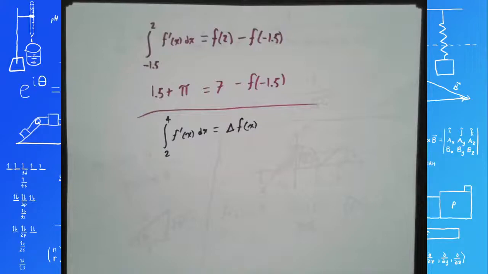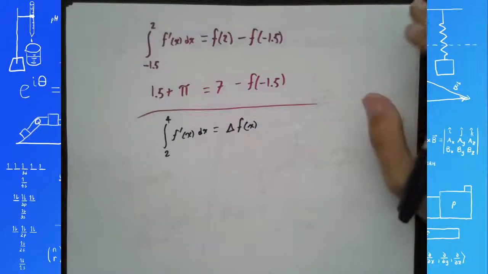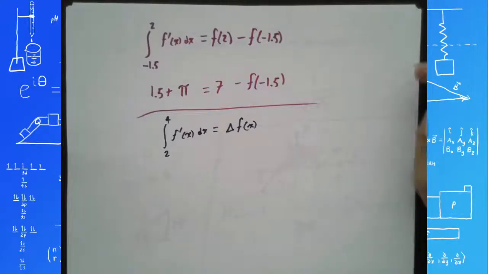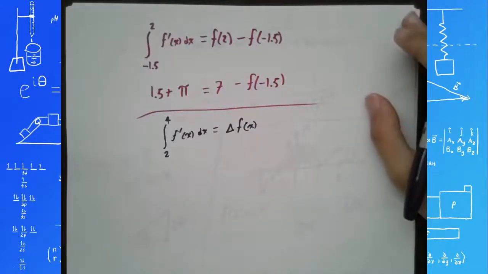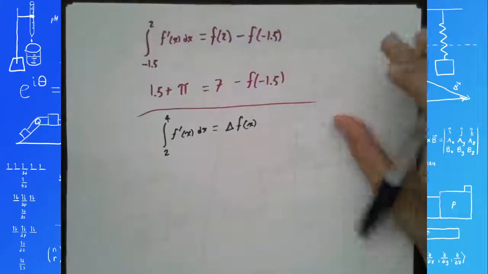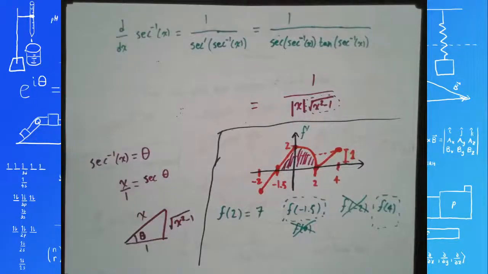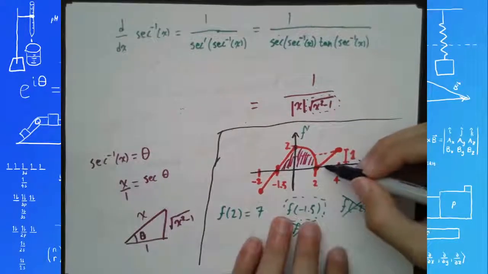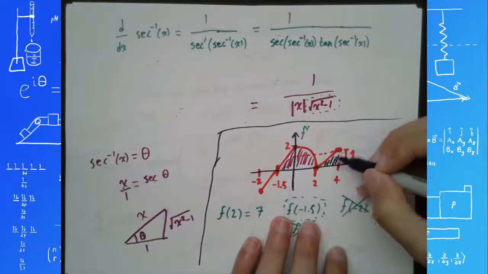It's just another way of looking at it, is the net change in f of x, the total change, whether it's gain or loss. If it's negative, it's loss. If it's positive, it's gain. In this case, it will be a positive area.